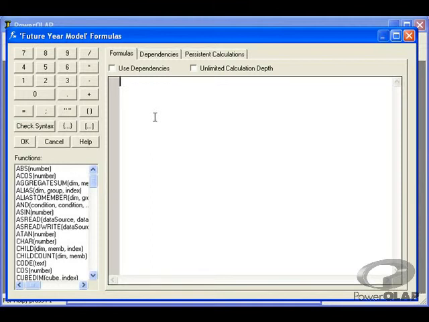The left-hand side of your formula defines that region or area of a cube that you want to be calculated based on the formula. The right-hand side determines the value that is calculated and stored into that left-hand side region. Therefore, a normal formula syntax is left-hand side, or the region you want to be calculated, equals right-hand side, which indicates the value and how you want it to be calculated.